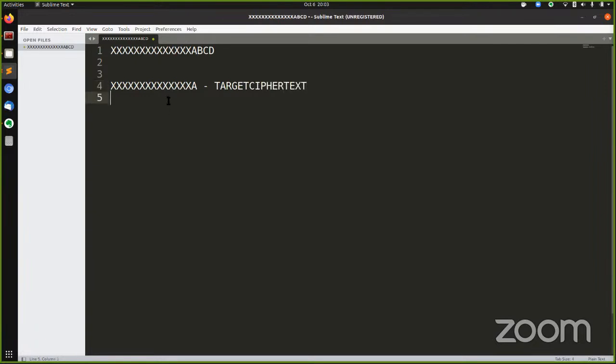Then I would also take this again, but this time I would append B instead of A. So again, I would get some ciphertext. This is just some ciphertext too. Then I would also do this again and send it with a C.